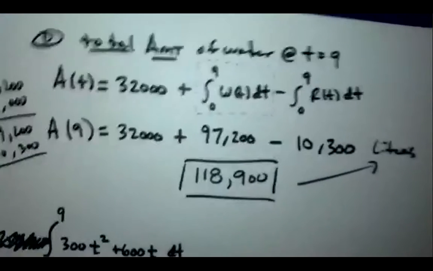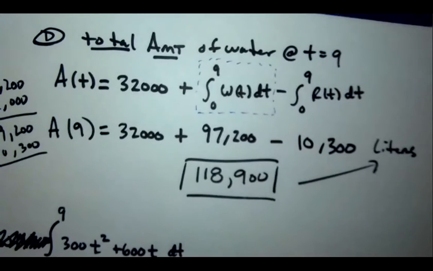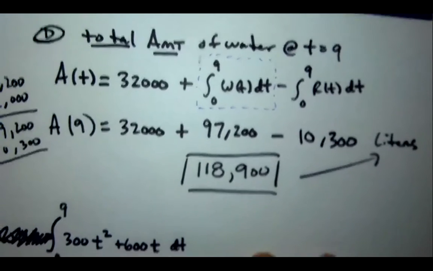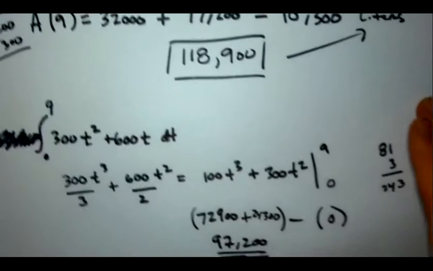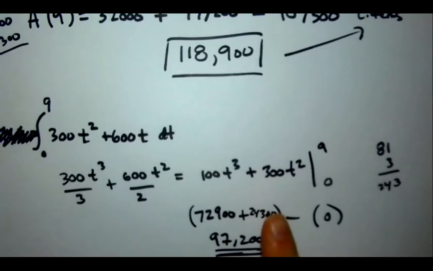The ideas make sense. I have a question just in case the numbers are this big. When we found what the integral was before we plugged in, which was 100t to the third plus 300t squared, if we plug in 9, and 0 just cancels out, could you just put in parentheses 9 to the third and that could be your answer?